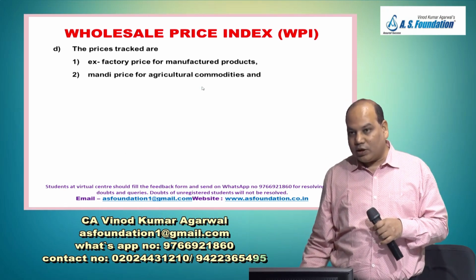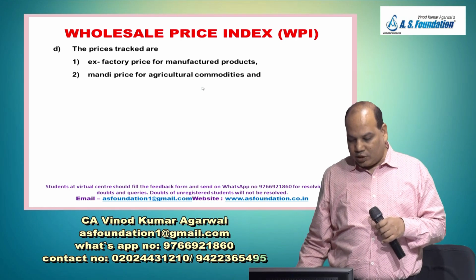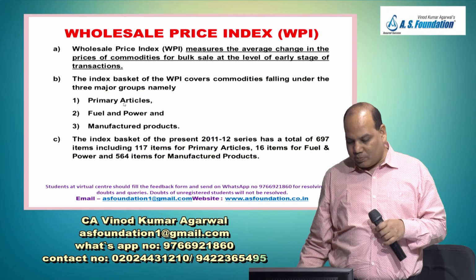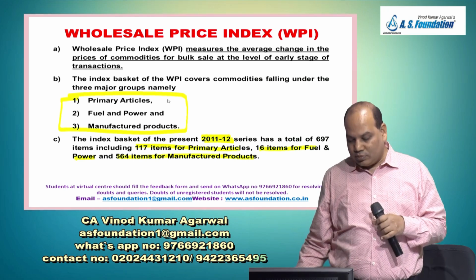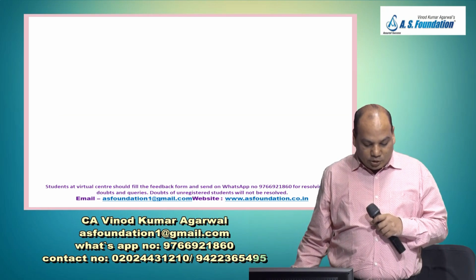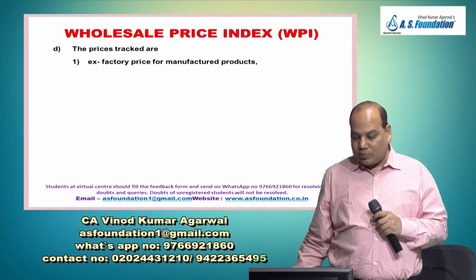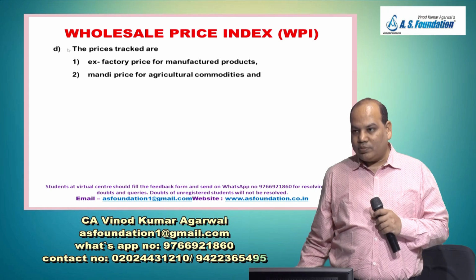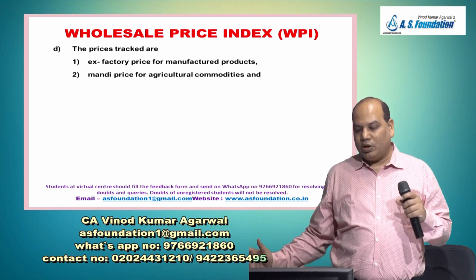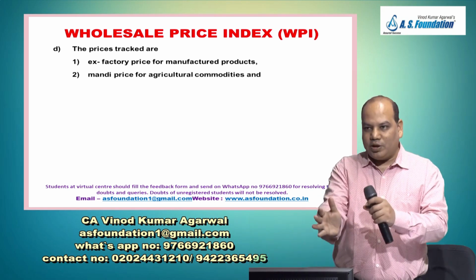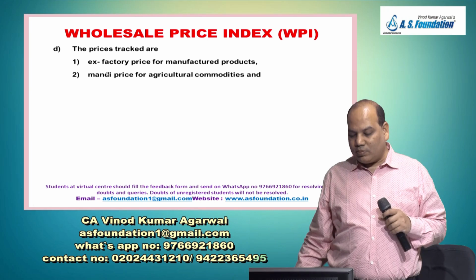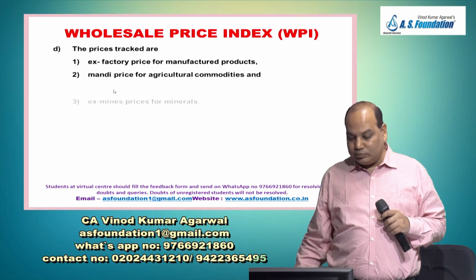In case of agricultural commodity, meaning primary, for agricultural commodity they take prices from the mandi. What is mandi? A market where all the agriculturists bring their product and sell in that wholesale market.